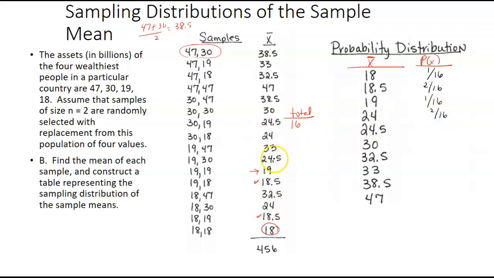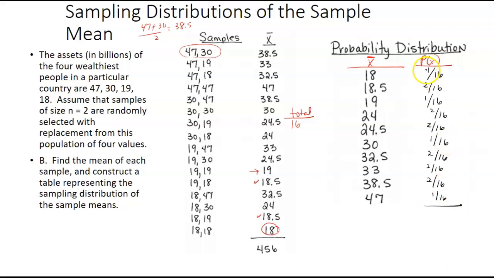The 24.5s, I've got 2. The 30s, I've just got 1 of those. The 32.5s, I've got 1 here and 1 here, so 2 of those. The 33s, I've got 2 of those. The 38.5, I've got 2 of those. And the 47, I've just got 1.